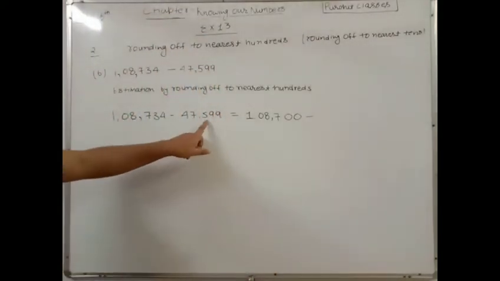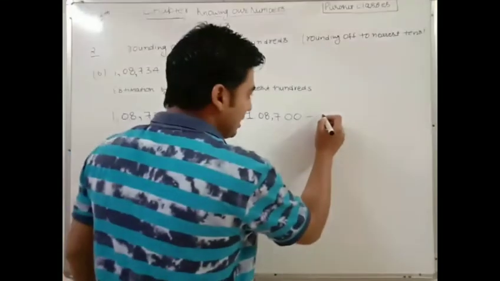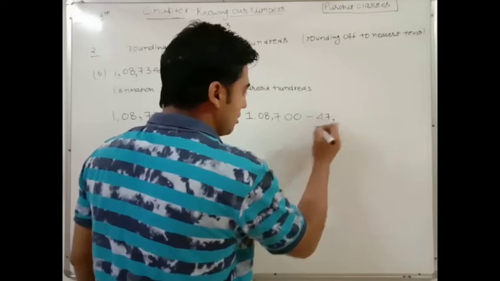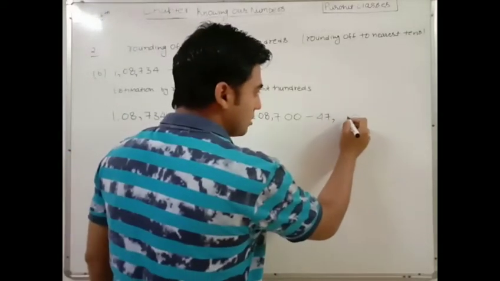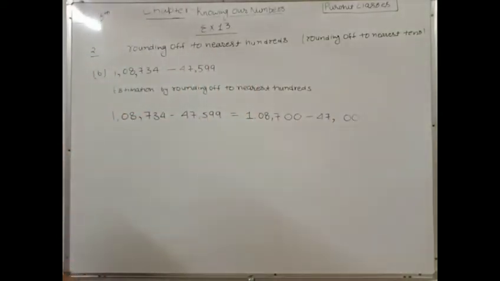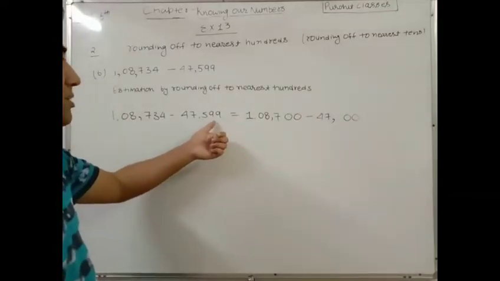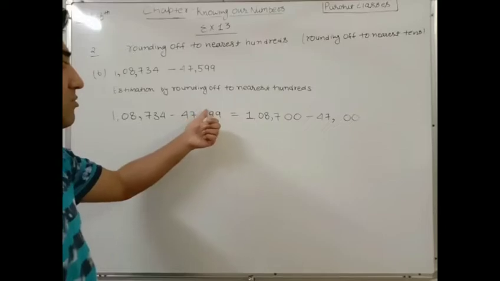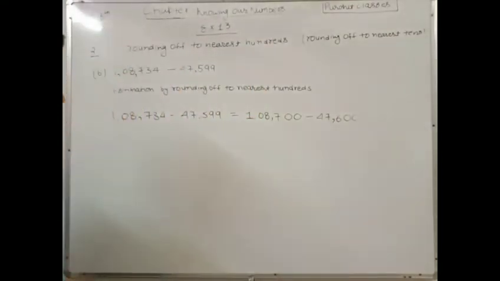Again, we have to estimate up to only the hundreds place, so the remaining digits will be as they are. So this will be 47 comma, and here you can see the last two digits will be dropped down or rounded off. Now since the digit next to the place which has to be rounded off is more than 5, 5 plus 1 becomes 6, so this will be 47,600.